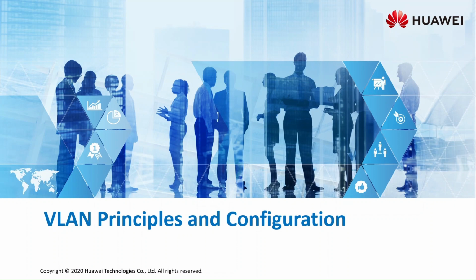Okay, so let's start again on part two, where we will focus more on another important technology under Layer 2, the data link layer, or what we call the Ethernet switch layer. We call the topic VLAN, virtual local area network.